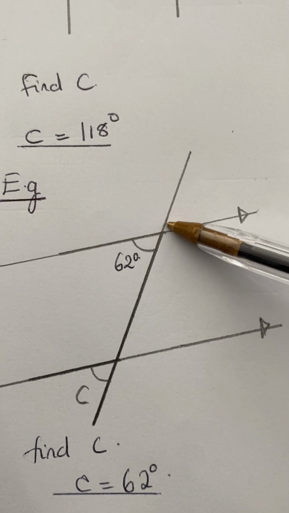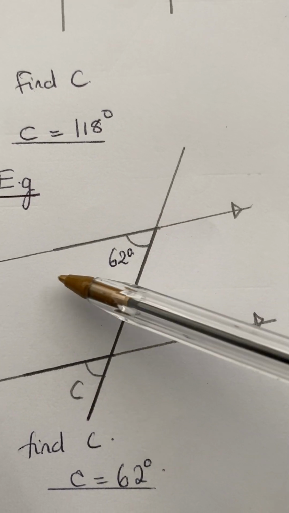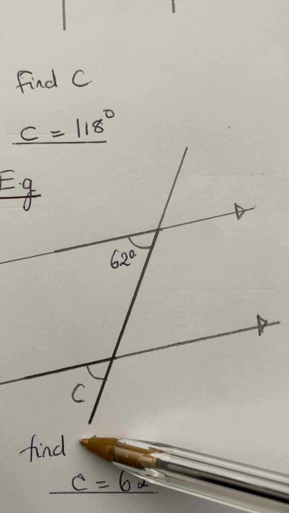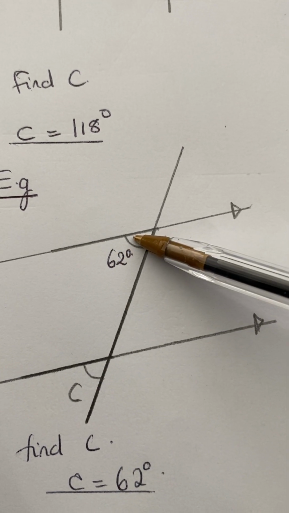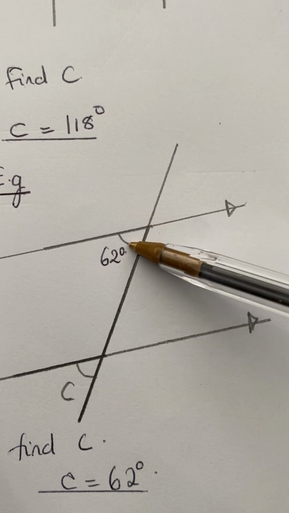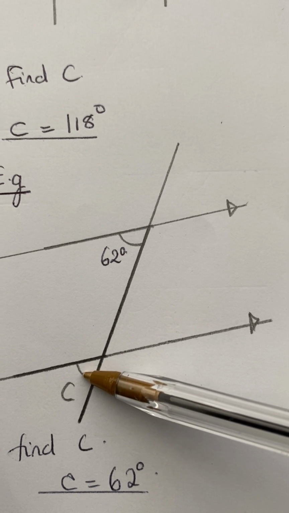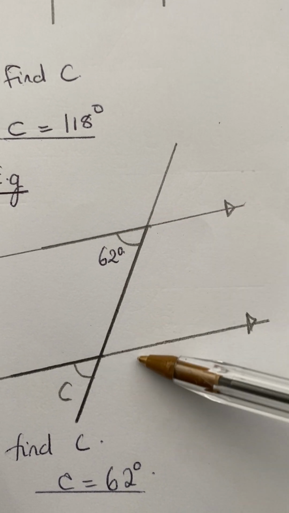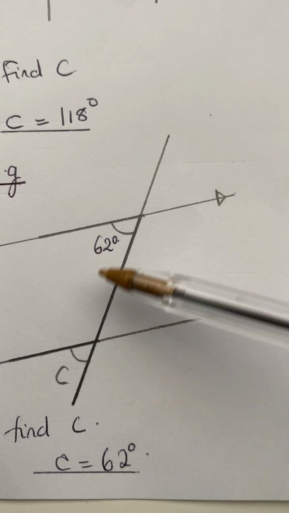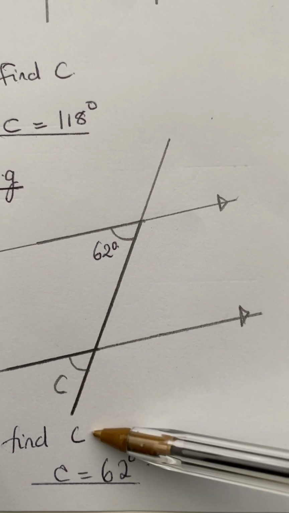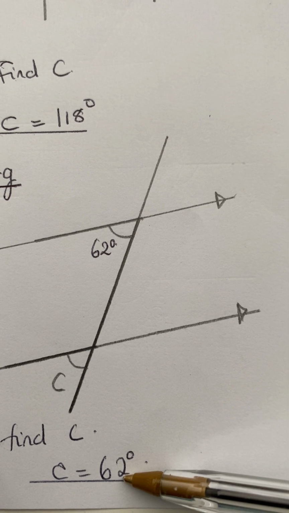So with the F or the corresponding angle, 62 degrees here, that angle will also be 62 degrees because of the parallel lines. So straight away, C is 62 degrees.